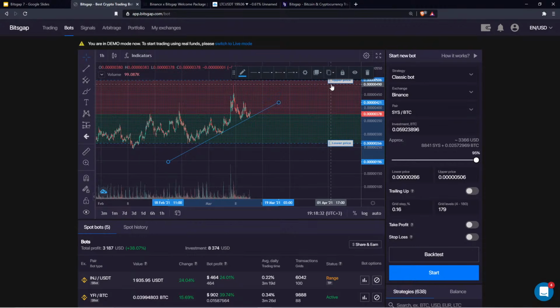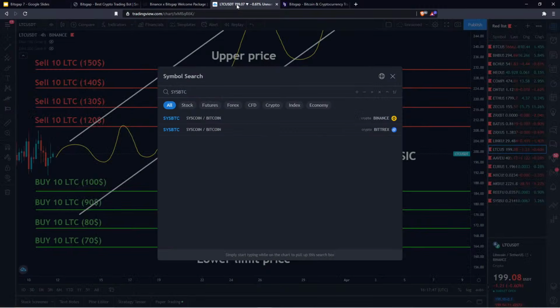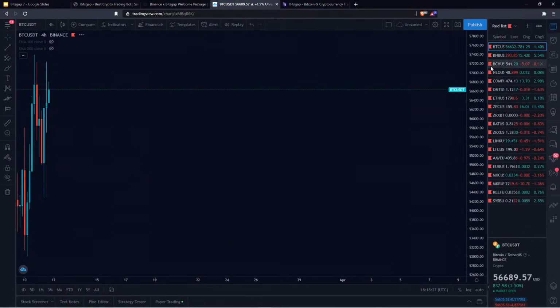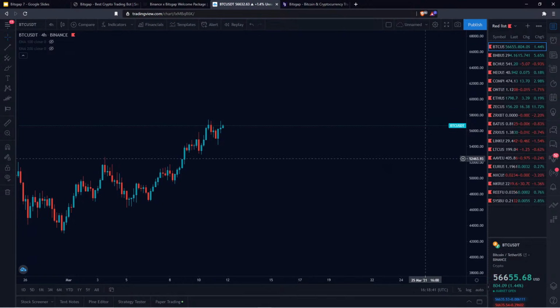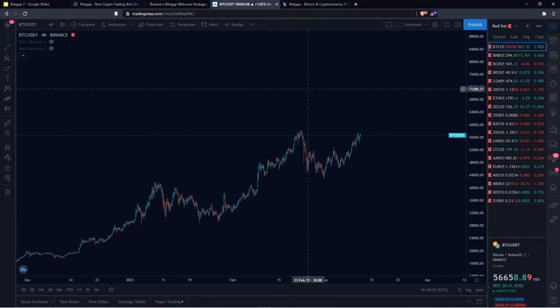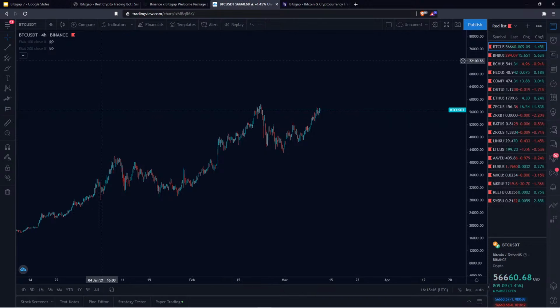And the result here is that if the value of Bitcoin relative to USDT appreciates as well, that's gonna bring us multiple returns. So let's see.